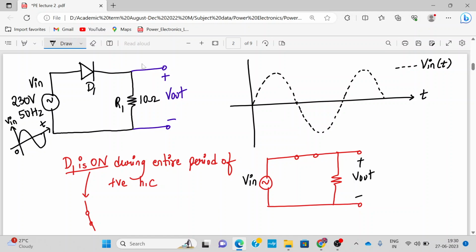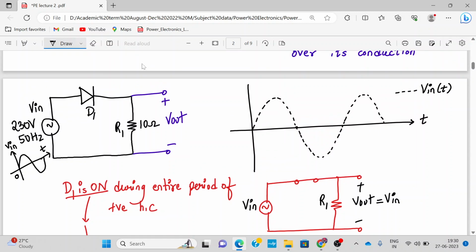As you can see, the diode is replaced with a short, and this is my resistor R1. So here we can say output is equal to V in. That means the output voltage will follow the input voltage as it is. The output is following the input, and this is what happens during the entire period of positive half cycle.